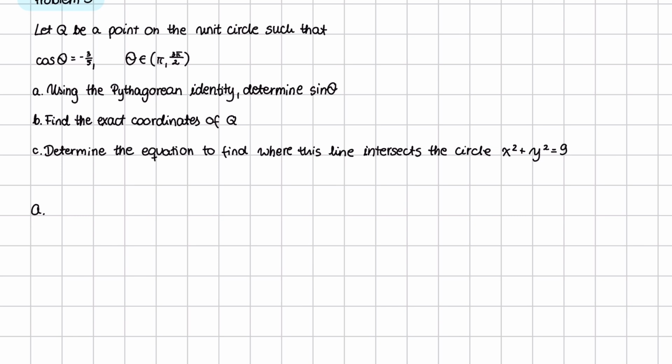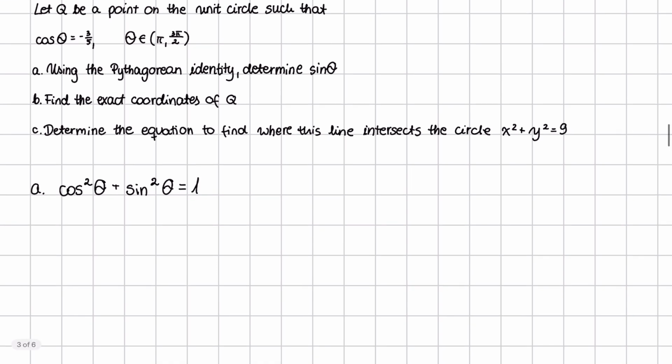We have to use the Pythagorean identity. So we have this formula in our booklet, and it's called identities, and this is the first formula. So cosine to the power of 2 theta plus sine squared theta equals 1.